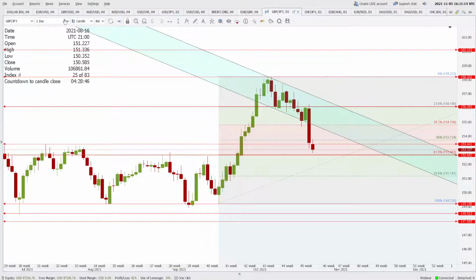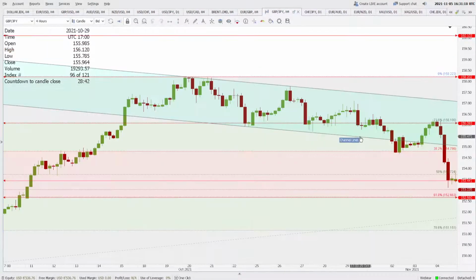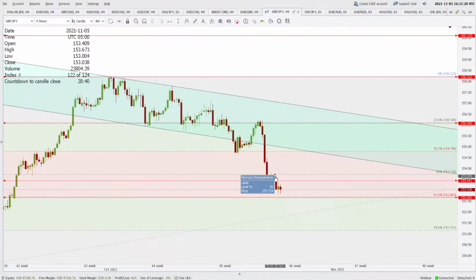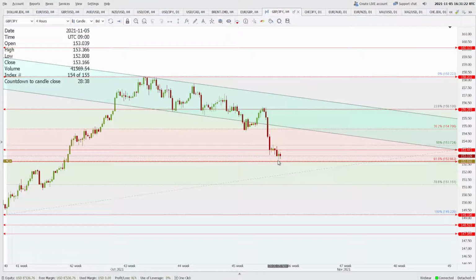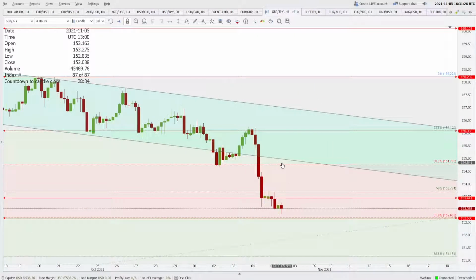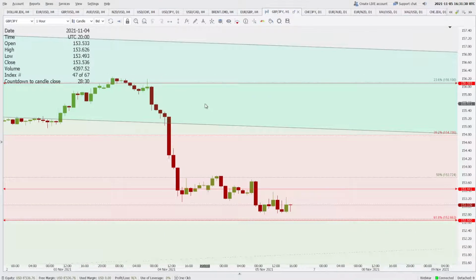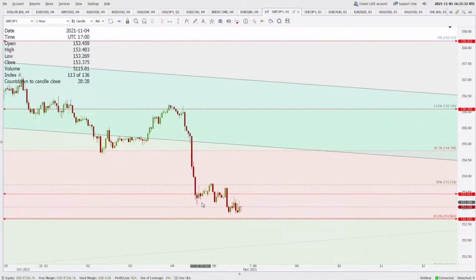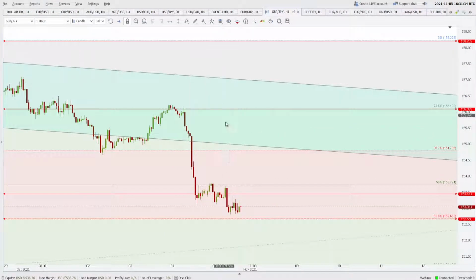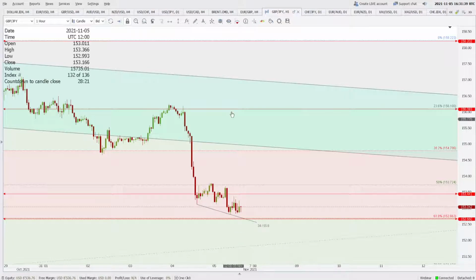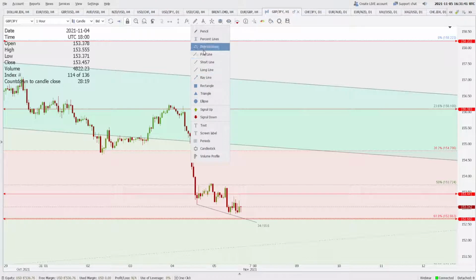That means you need a bullish pin bar or something similar, some bullish candlestick pattern here to go long, because the price has been so briskly falling. You cannot be trying to catch this falling knife. So wait for the right opportunity. Or what you can do is, on 1 hour you can create a channel or something like this. If we join these two lows here, it is forming a falling wedge.